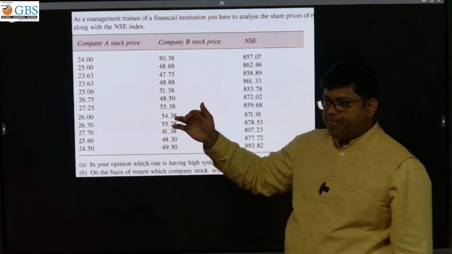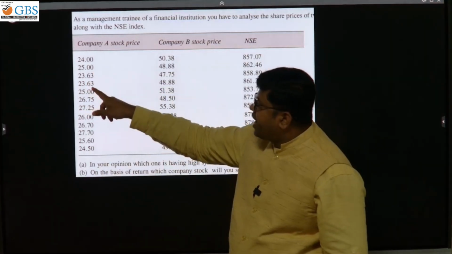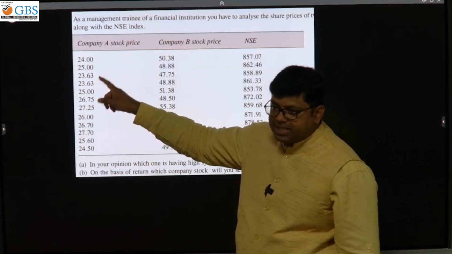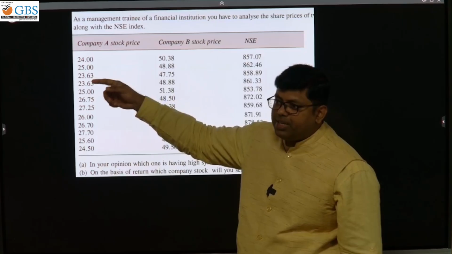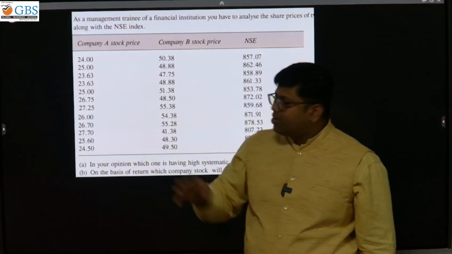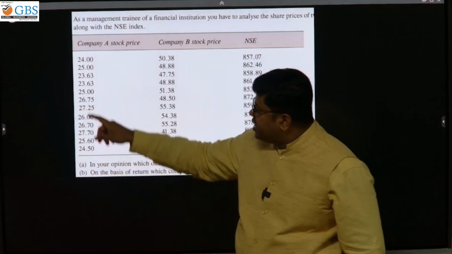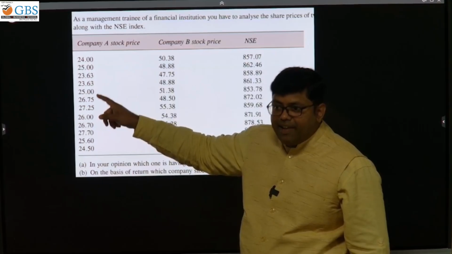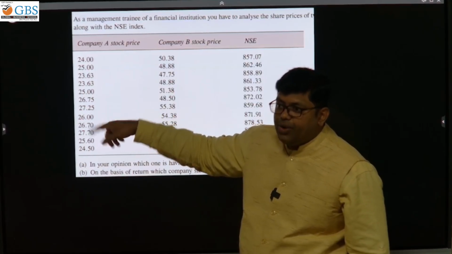Next, 23.63 minus 23.63 divided by 23.63 into 100 gives 0. Next, 25 minus 23.63 divided by 23.63 into 100.